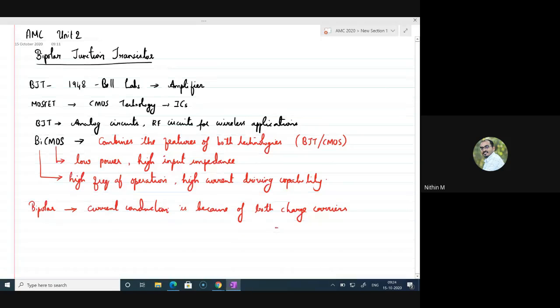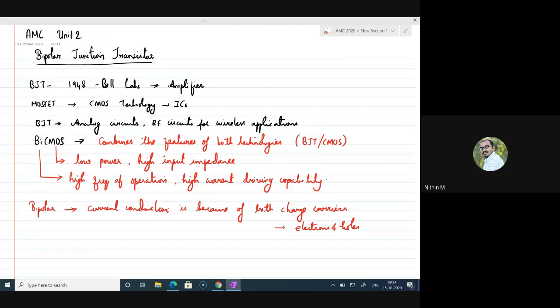When I say both charge carriers, it is both electrons and holes. As others were mentioning, both majority and minority charge carriers are responsible for the conduction of current. Very good. Current is due to two types of charge carriers.